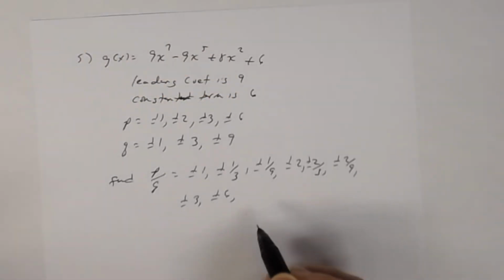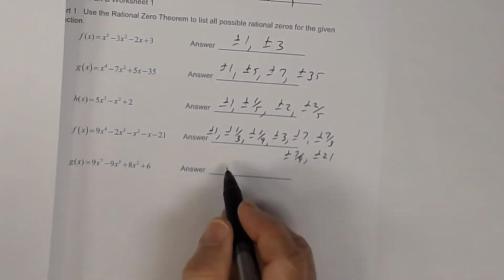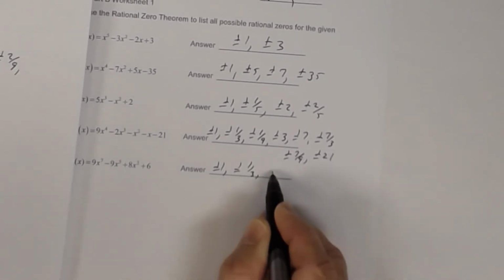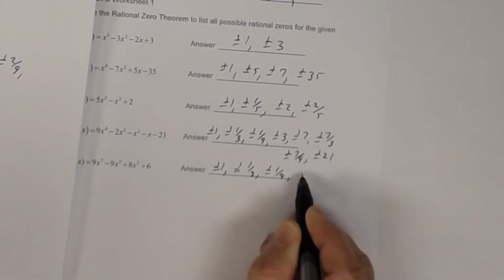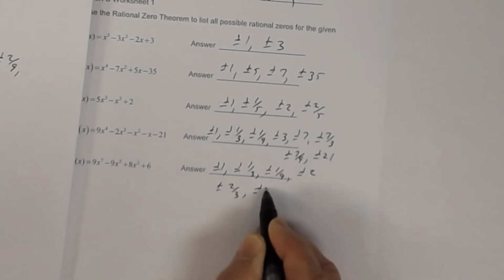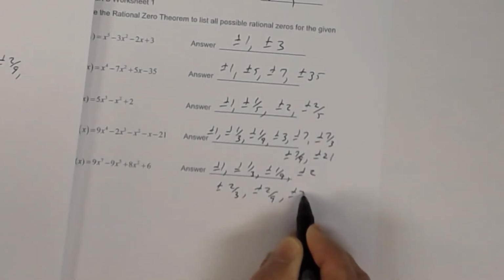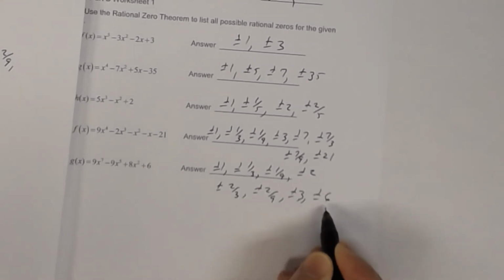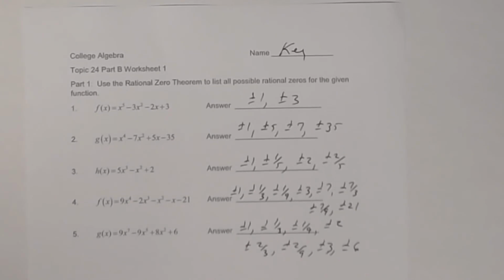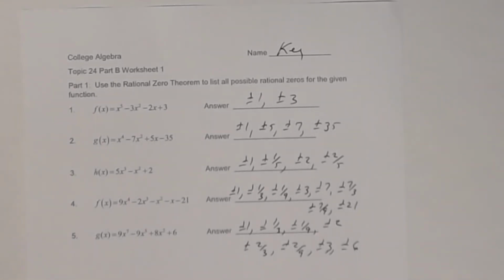So those are your possible rational zeros, and the answer would be plus or minus 1, plus or minus 1/3, plus or minus 1/9, plus or minus 2, plus or minus 2/3, plus or minus 2/9, plus or minus 3, and plus or minus 6. So that is the key to topic 24, part B, worksheet 1.